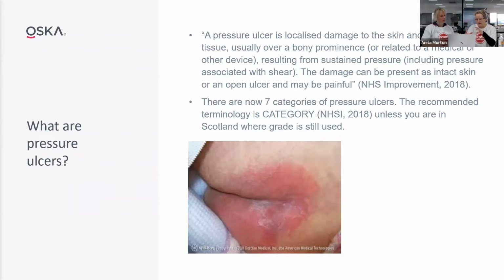So there's a period where the tissue is still struggling to survive and hasn't quite died off yet, and that is where it manifests itself like a purple bruised looking area on the body. So it can look like a bruise, like somebody's fallen and hit their bottom, but obviously they would have had a period of sustained pressure and immobility as well. So that's deep tissue injury, or you might hear it called DTI.